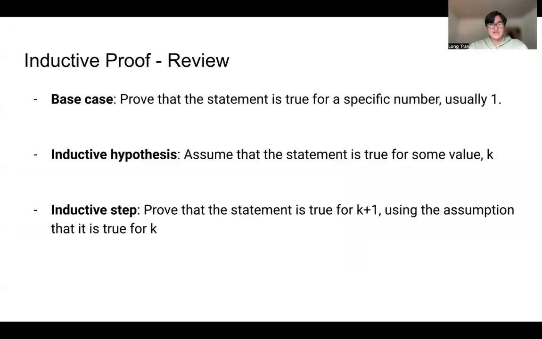So let's see the inductive proof again. We have the base case. We prove the statement is true for a specific number, usually 1, though in the case of the factorial function it is 0, because we have a simple fact in math that factorial of 0 is 1. So we usually use very simple cases. Then we have the inductive hypothesis. We assume that the statement is true for some value k.